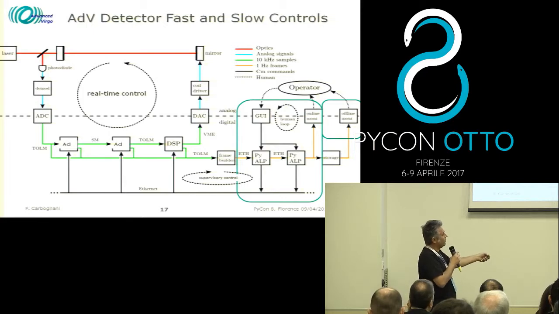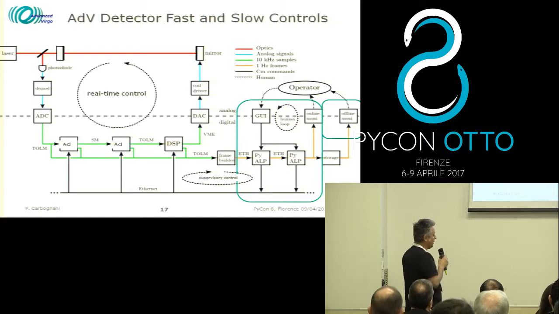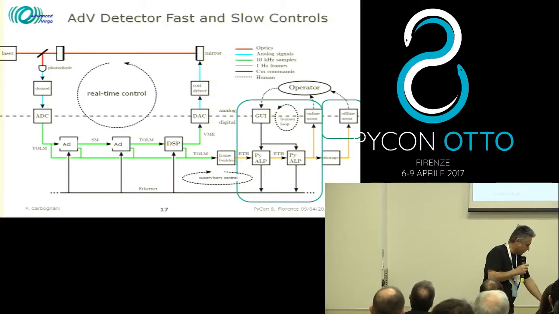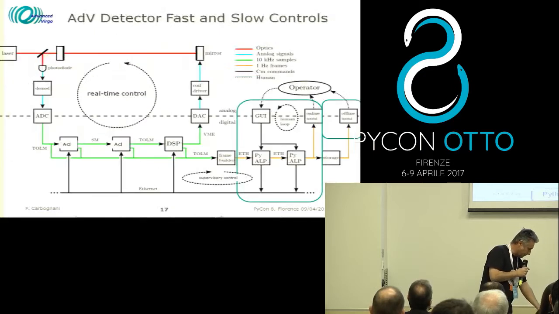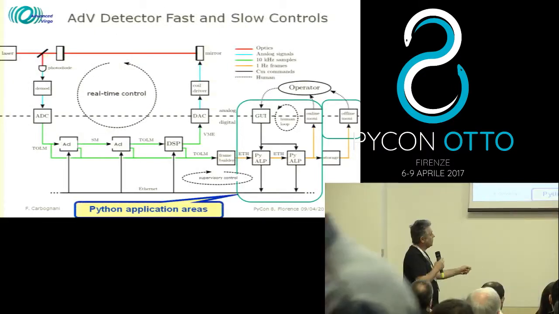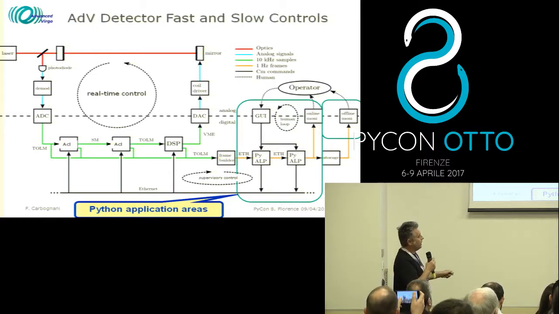And then we have a supervisory control or slow control loop. And this is exactly the place where Python can play a role. This is the Python application area, mostly for the supervisory control and also for the user interface for the operator in the control room.